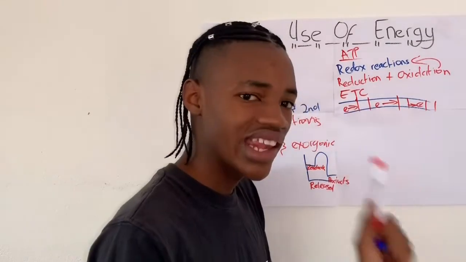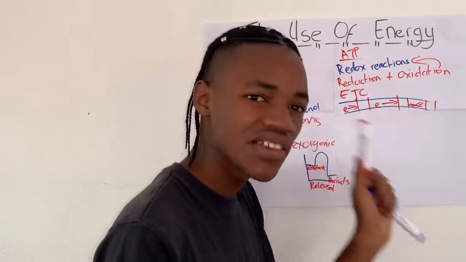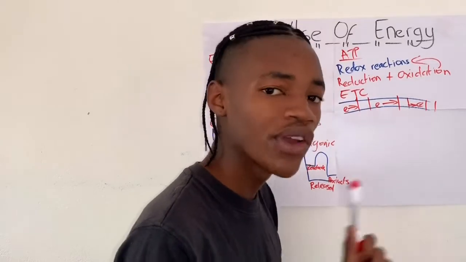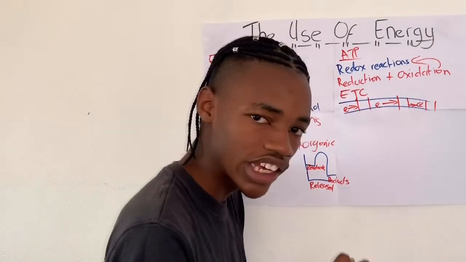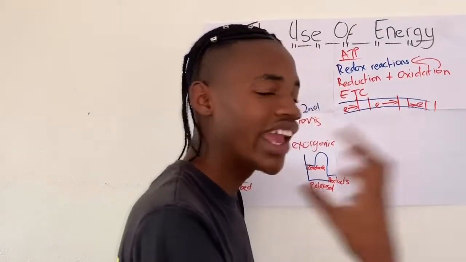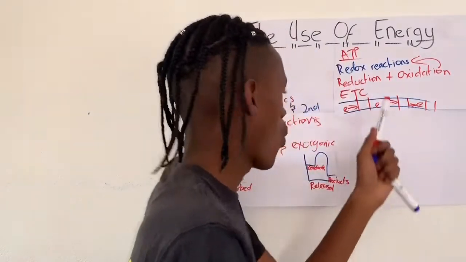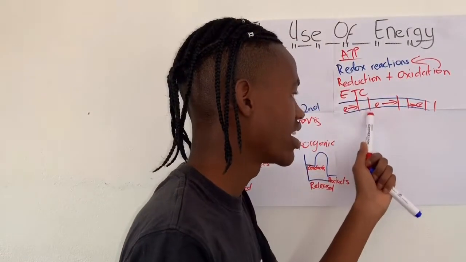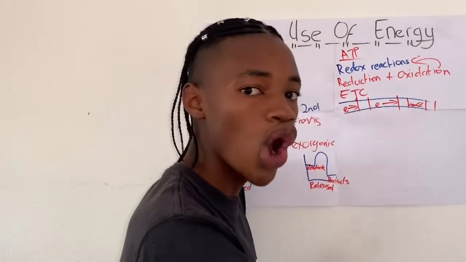And obviously now a protein is first reduced because it first gains an electron. Once it gains the electron, it loses the electron and it becomes oxidized.